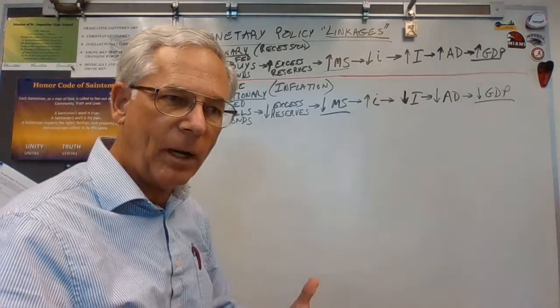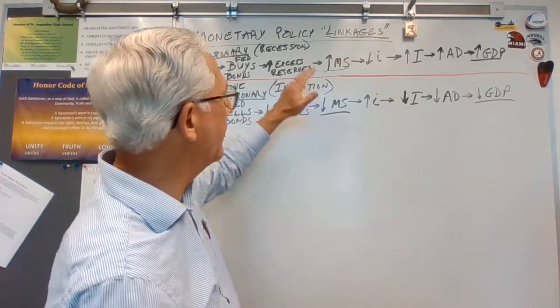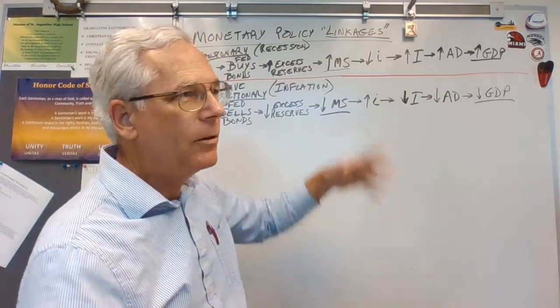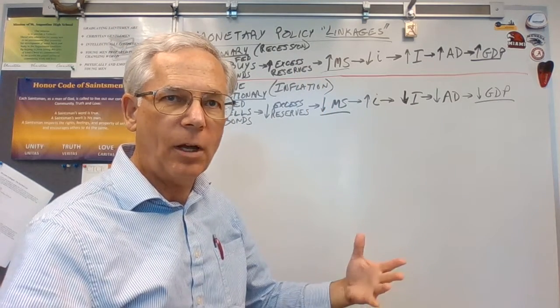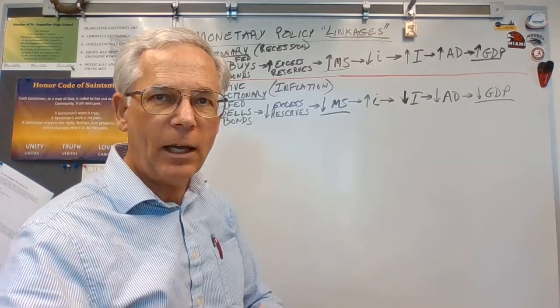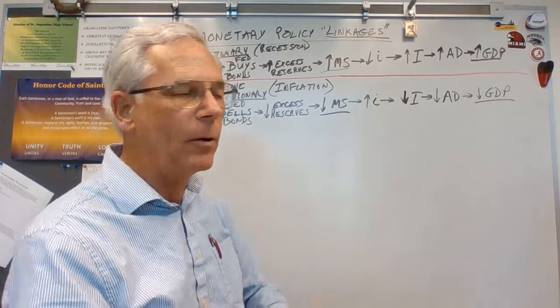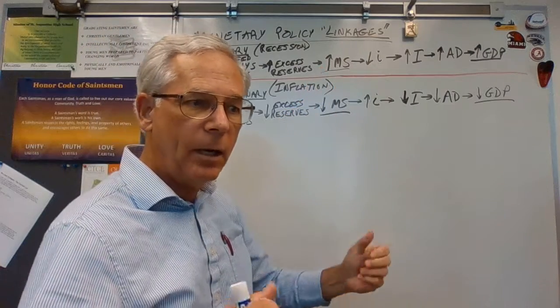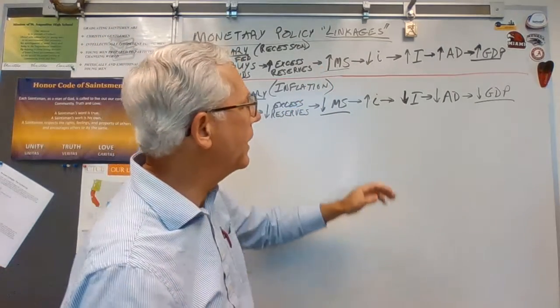And your book talks about the federal funds rate being in the middle of that. An increase in excess reserves reduces the federal funds rate. The federal funds rate is almost always near zero right now anyway, and it's kind of out of the loop now. The most important thing is that it increases the money supply by encouraging banks to lend more money.